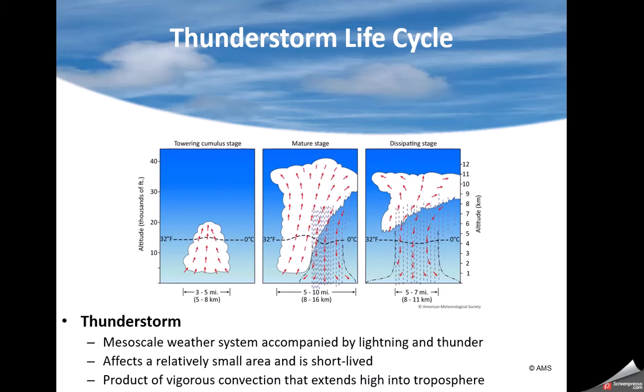In the mature stage, you begin to get a downdraft on one side of the storm, usually towards the back side of it. And what happens here is you've got so much moisture in the air that even though there's an updraft there, the rain droplets are getting so big that they begin to go down.